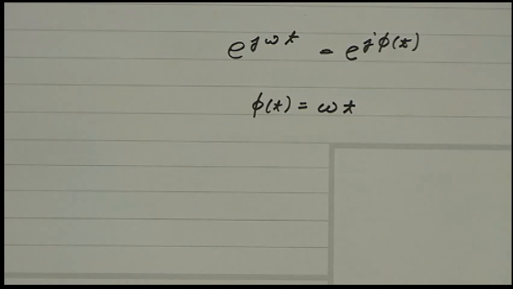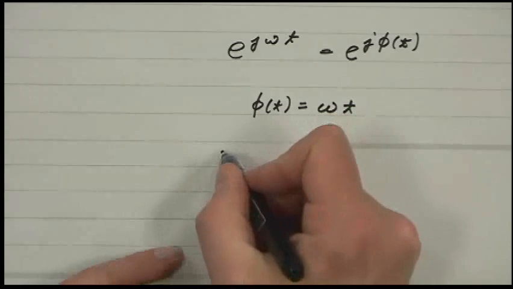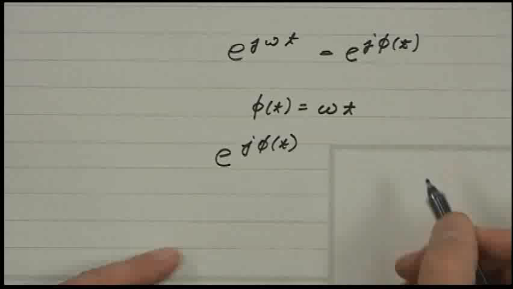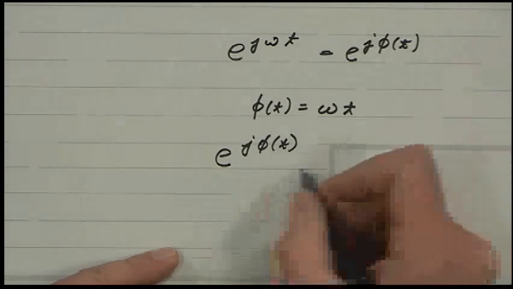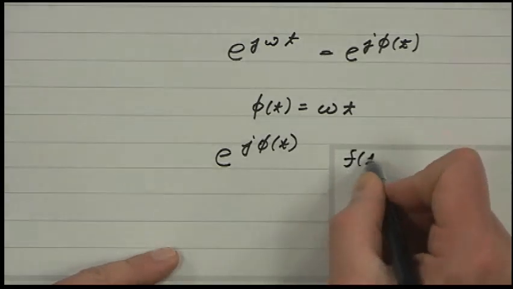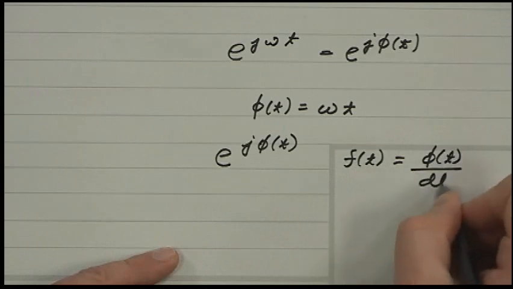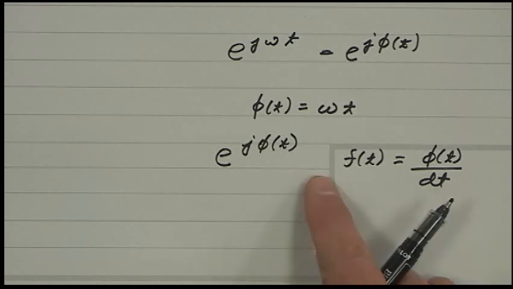Now, the other way of looking at it is you'd say, well, if you have a signal with e to the j phi of t, what's the instantaneous frequency? Well, the way you normally think of that is that the frequency f of t is equal to d phi of t dt. So the time derivative of the phase is the instantaneous frequency.